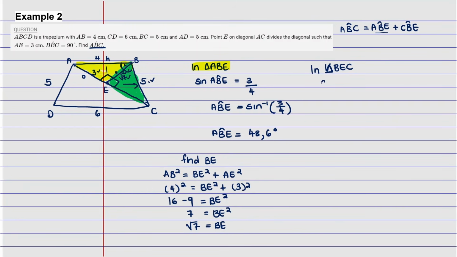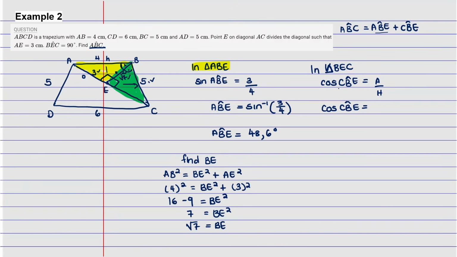So here it's going to be cos, and this is the angle that we want, which is CBE. So cos CBE is equal to adjacent over hypotenuse.